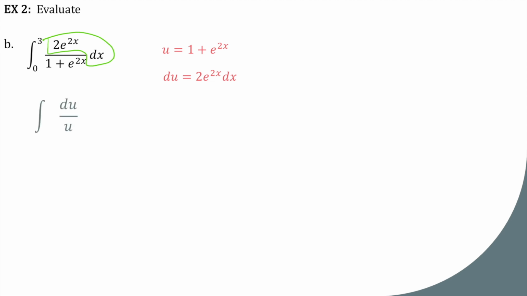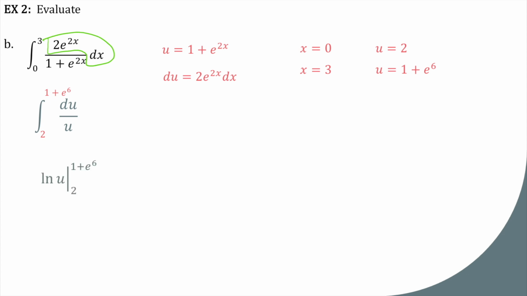So our new problem will be du over u, and now we can change our x bounds to u bounds. So our x bound was 0, plug that in to get a u bound of 2. And then our upper bound was x equals 3, and we'll plug that in and we get an upper bound of 1 plus e to the 6th. It's not pretty, but that's okay.